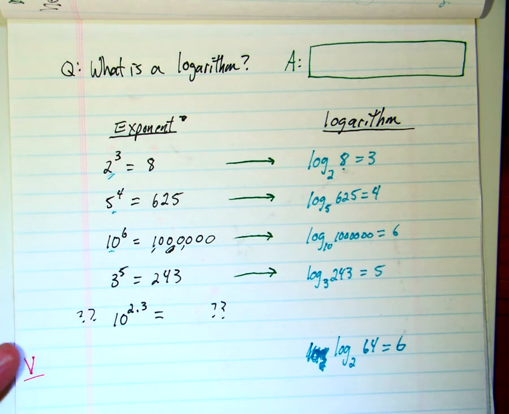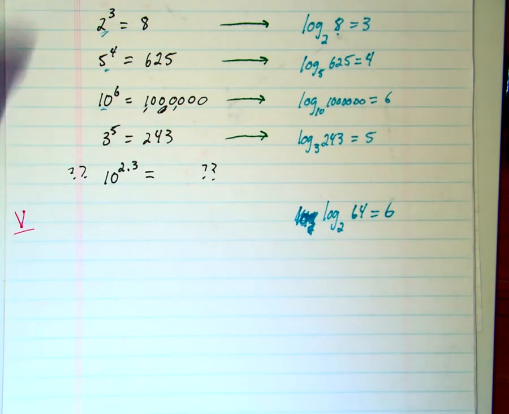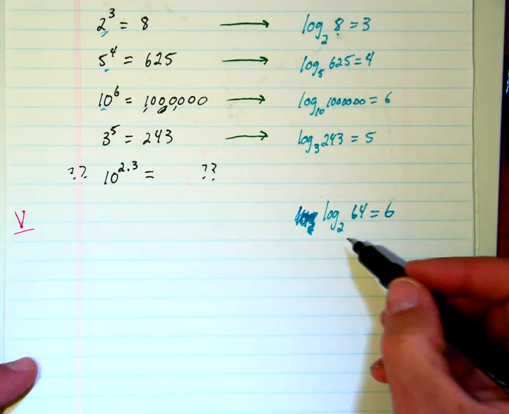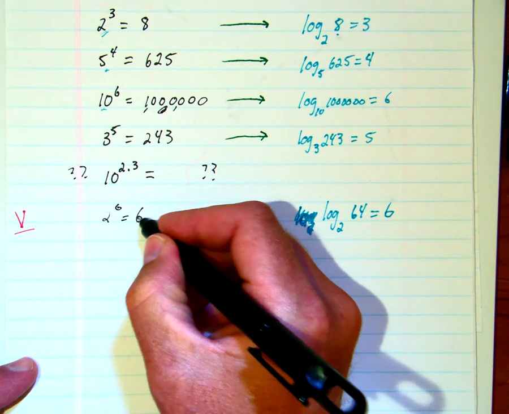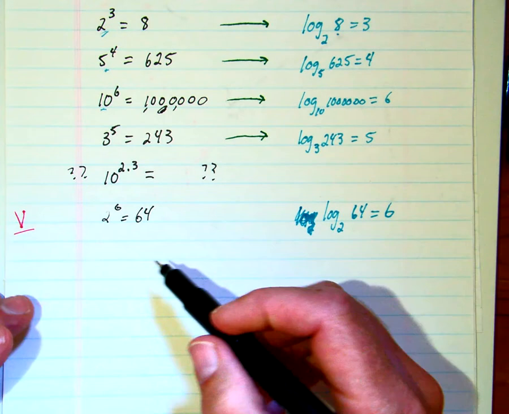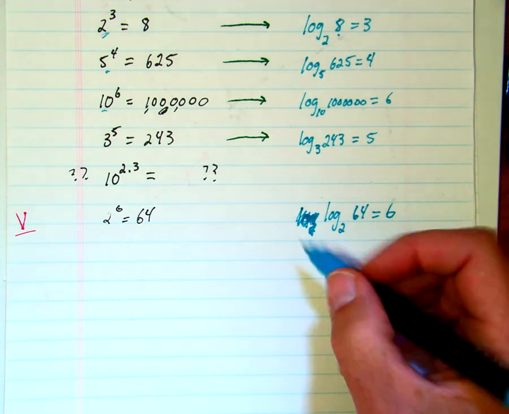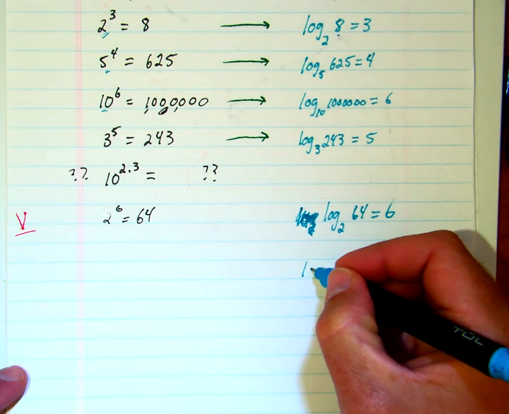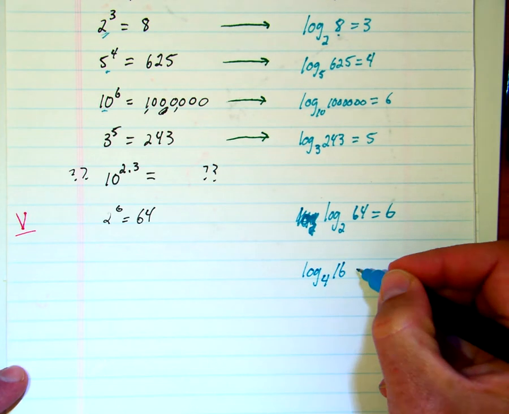How do I know that? I know that because 2 raised to the 6th power is equal to 64. I'm more comfortable with exponents. I've known them longer, but really they're two sides of the same coin. Let's try one more. What about the log base 4 of 16?